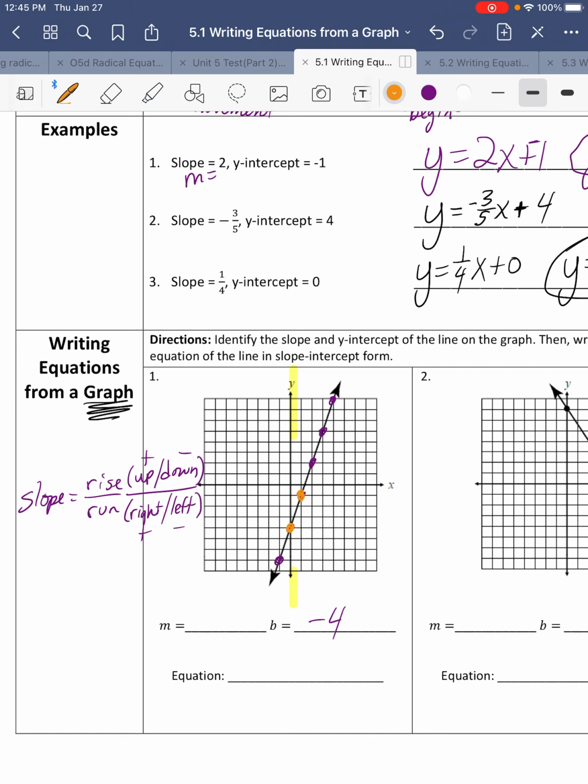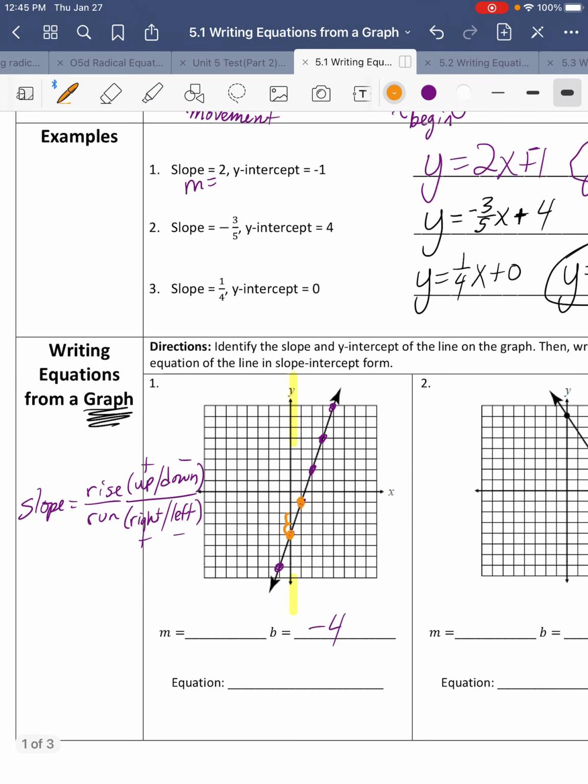I'm just going to stay with the y-intercept, and if you pick two coordinates close to each other, you're not going to have to do as much simplifying. So I'm going to go up 1, 2, 3. Up is positive, so it's going to be a positive 3 over. The denominator is going to go to the right 1. So 3 over 1. Well, 3 divided by 1 is 3.